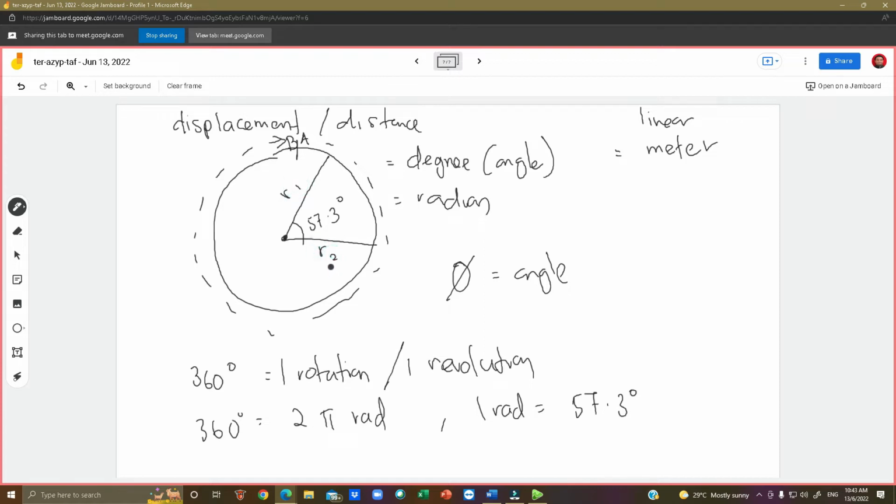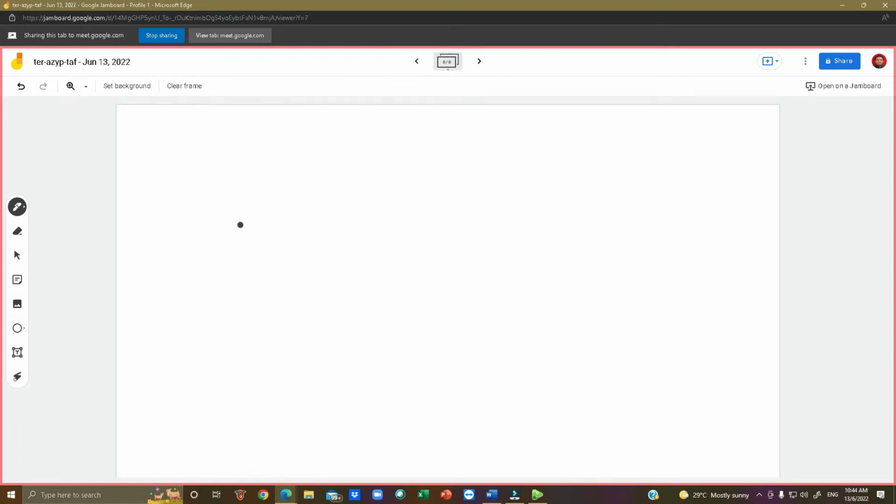Semua orang tahu. And ini pun ialah radius of rotation. Kita panggil radius 3. So at this angle, R1 will equals to R2 will equals to R3. Itu sebab 1 radian 57.3. That is a simple reason why. Okay, now let's go back to distance and displacement in term of angular.